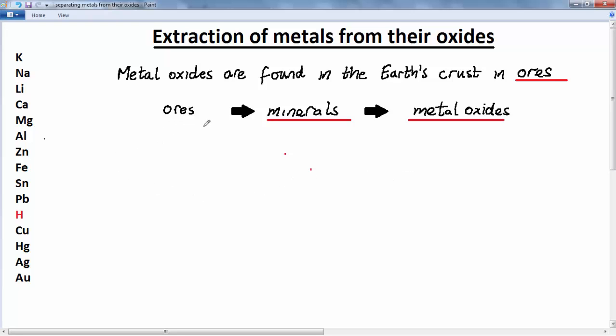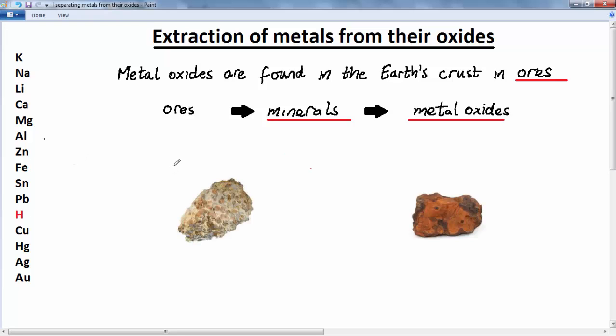First of all, let's have a look at a couple of examples of ores. So here on the left we have the mineral or ore bauxite, and this ore contains aluminium oxide. So it is from this ore that we extract aluminium. And you'll probably recognise the ore on the right, and this is known as iron ore, which doesn't sound very imaginative.